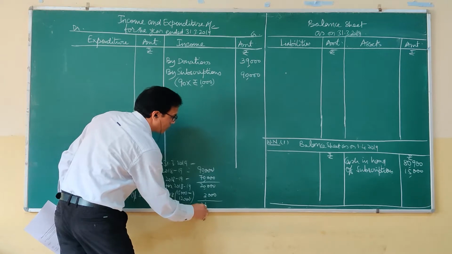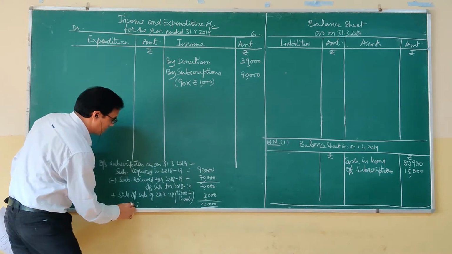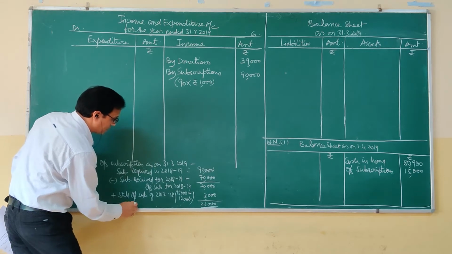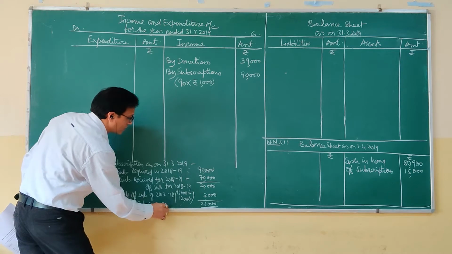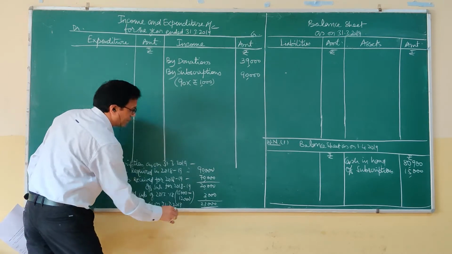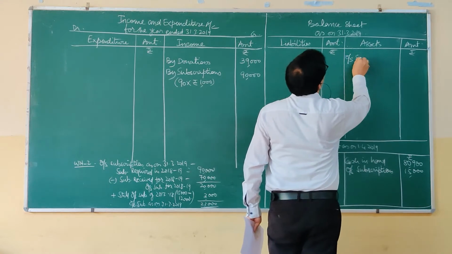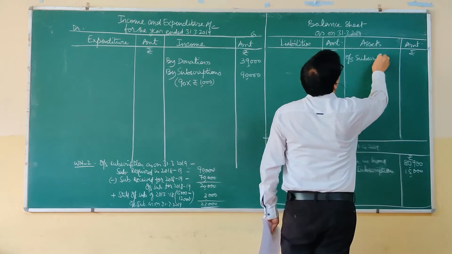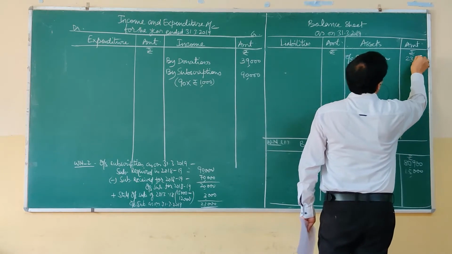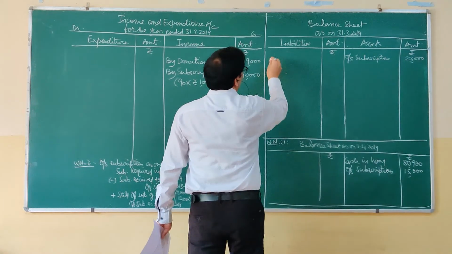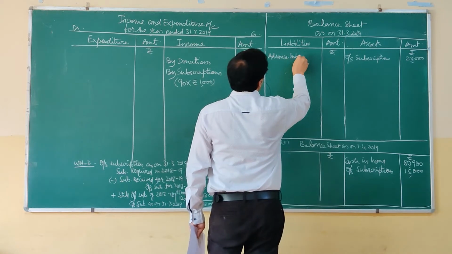So total 23,000 is outstanding subscription as on 31st March 2019. Now this we will take here, outstanding subscription 23,000.